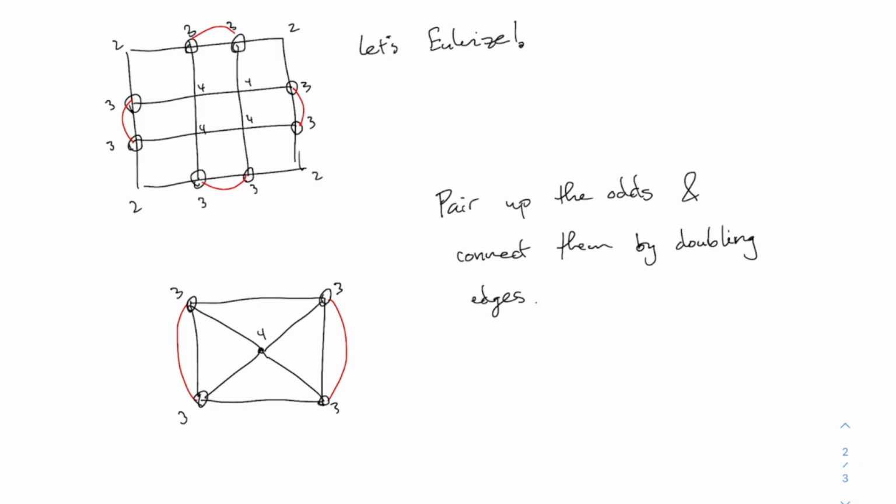Take them in pairs, and you don't have to add even more edges than that. Pair up the odds and connect them by doubling edges. So I would say that one, or if you prefer that same example, you could do it this way. It doesn't matter, but you take those 3's which are in the corners, you take them 2 by 2 and connect them up with edges, and then it becomes Eulerized.